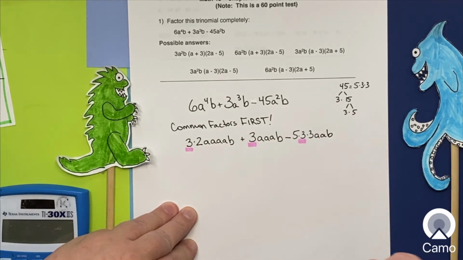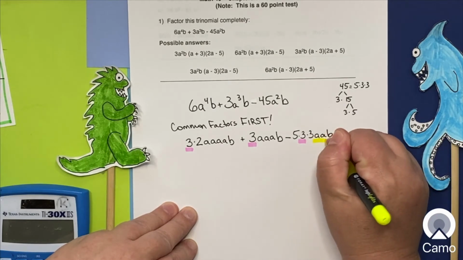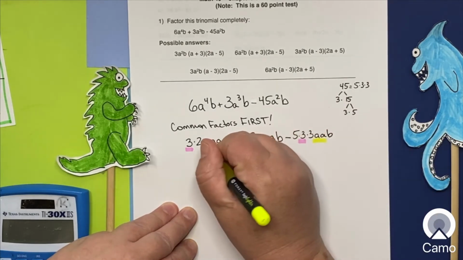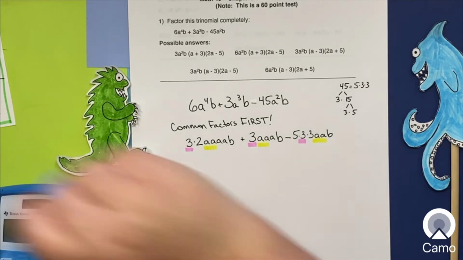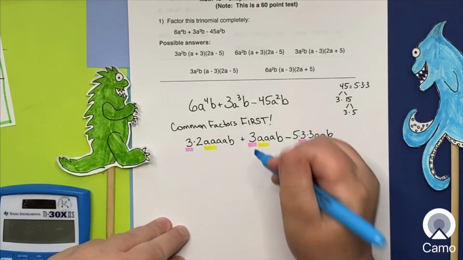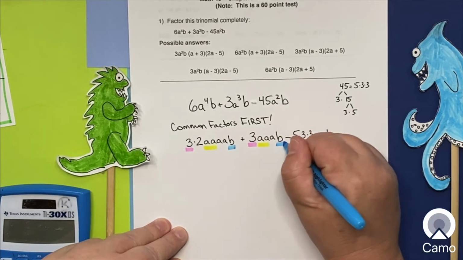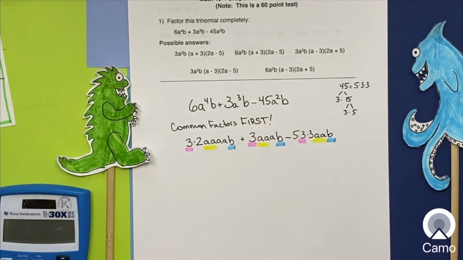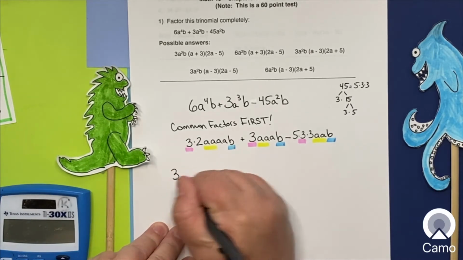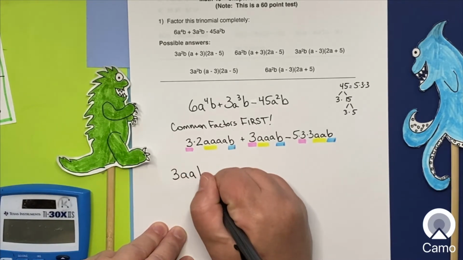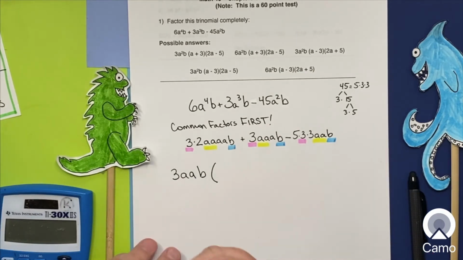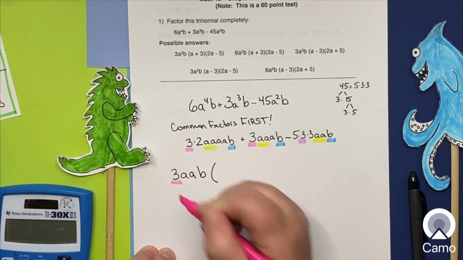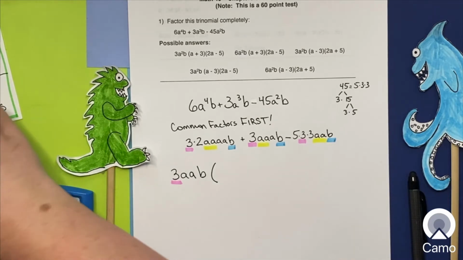So the only things they have in common are the 2 A's. I can only pull out 2 A's. And then we take a look and we say, is there anything else in common? And the answer is yes, absolutely. There's a B in each of these. Okay, so first step, let's factor out the 3, the A and the B. So that's the pink, the 2 yellow, and then the blue.